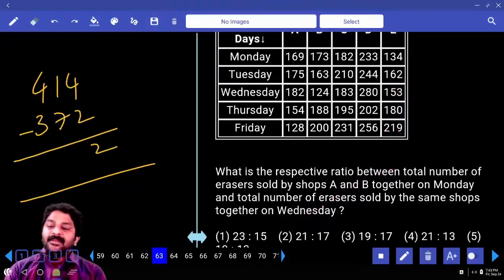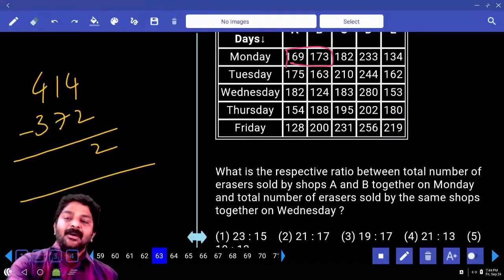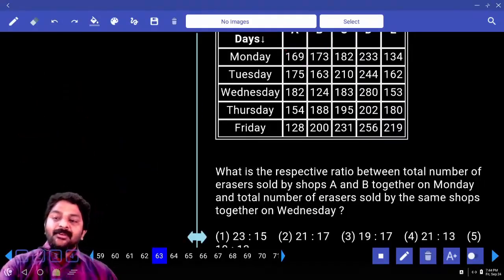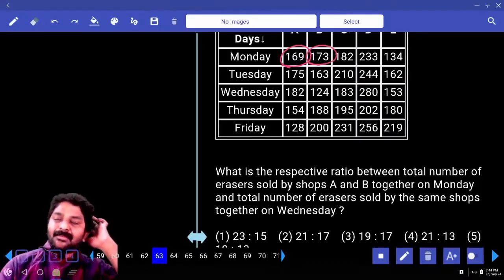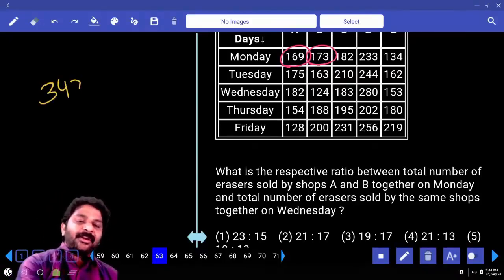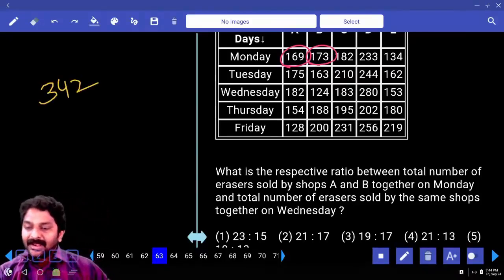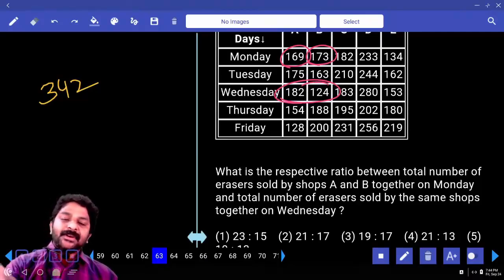Next. What is the respective ratio between the total number of erasers sold by shops A and B together on Monday? To make this a round figure, how much more is required? 1. Take 1 from the other number. 170 and 172. That is 342 only. And the same shops together on Wednesday. 180, 120, 300. Units digit 2 plus 4, 6.